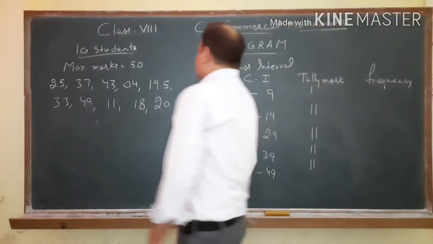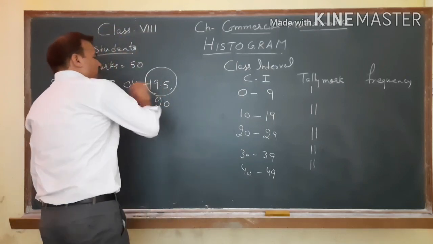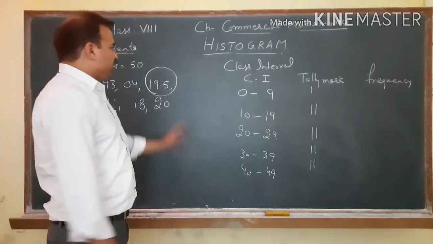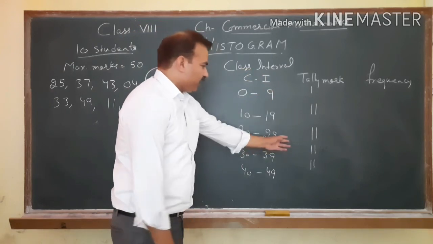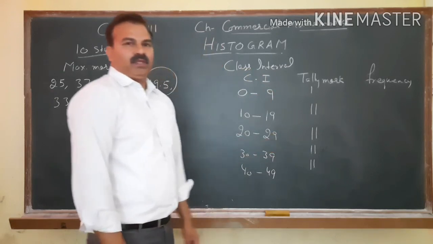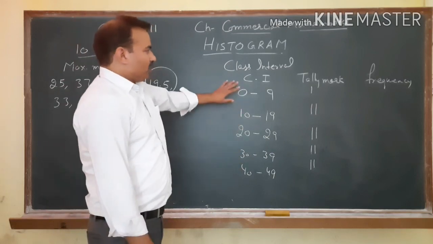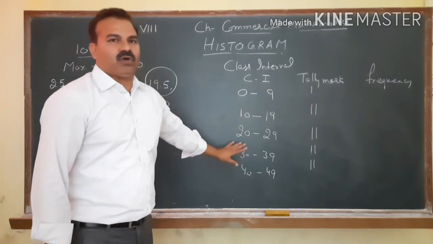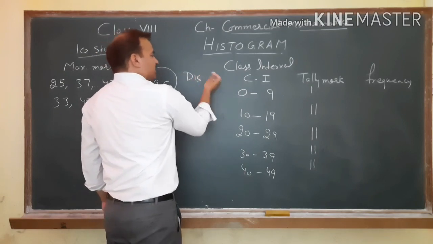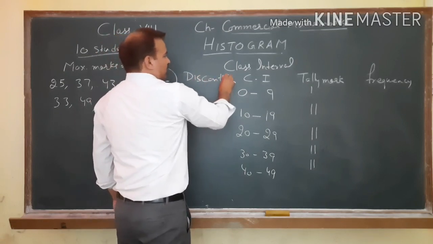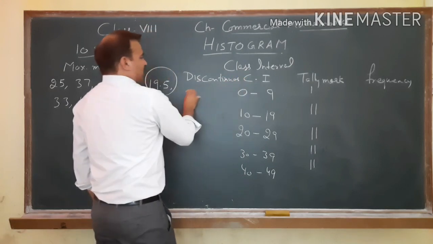But the problem is with the 19.5. We cannot write it in 19, we cannot put it in 20 to 29. So that's why, although I have written it, this way is wrong. This is known as discontinuous data. This needs a continuous class interval.